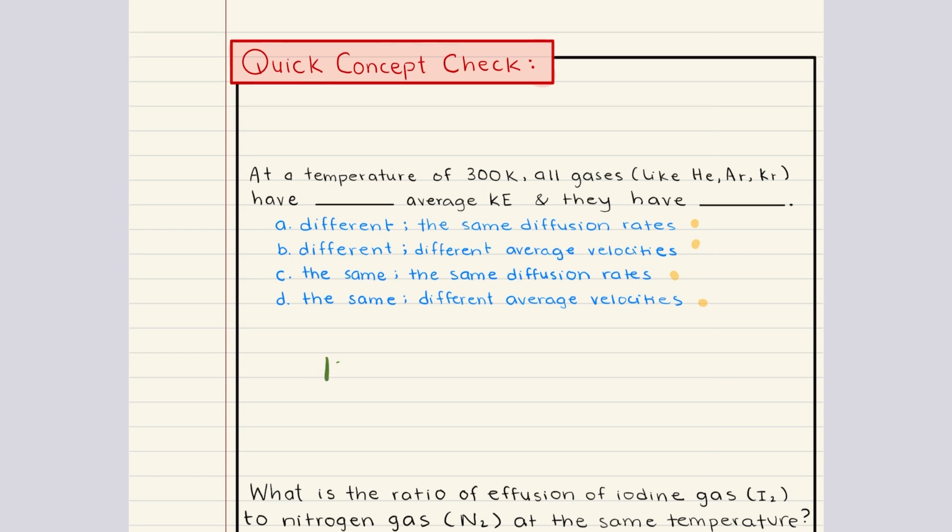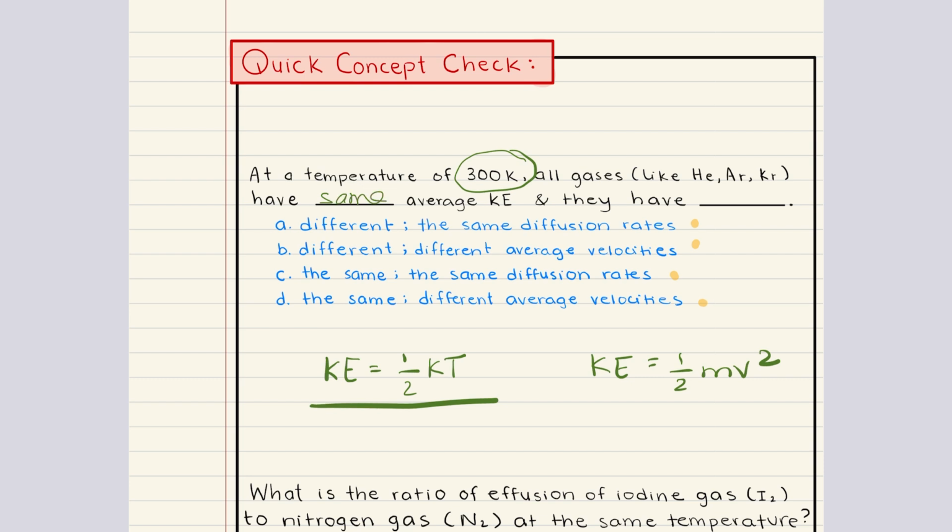In order to answer this problem, we need to take advantage of both equations for kinetic energy. Looking at this first equation, it tells us that kinetic energy only depends on temperature, not on the type of gas. So since all the gases in this problem are at the same temperature, 300 Kelvin, they must all have the same average kinetic energy.